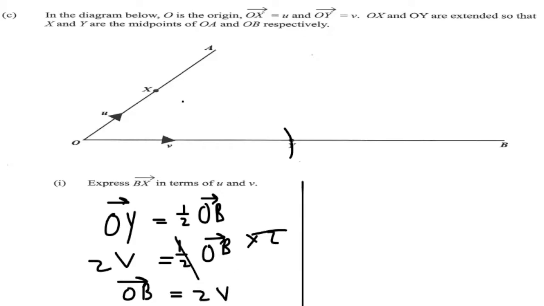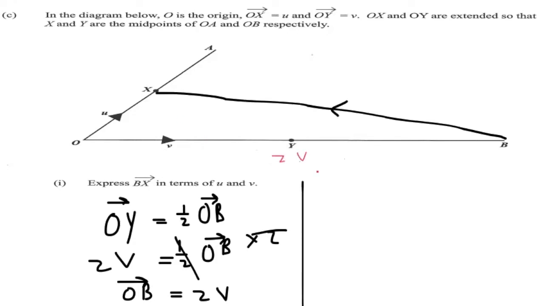Now, we're asked to find BX. This is the line BX. So BX, we're moving from B to X, so we're moving in this direction. Since I found out that this entire line is 2V, to find BX, you go from B to O, then O to X. So it will be BO plus OX.